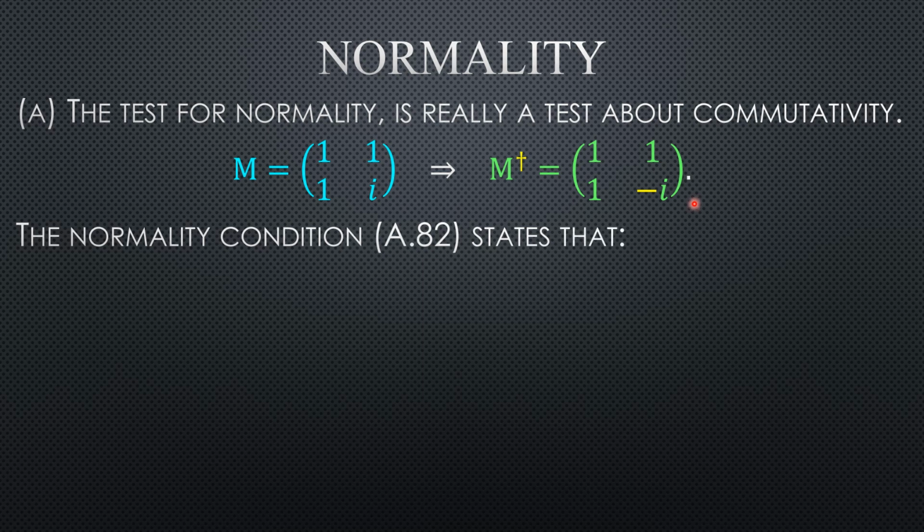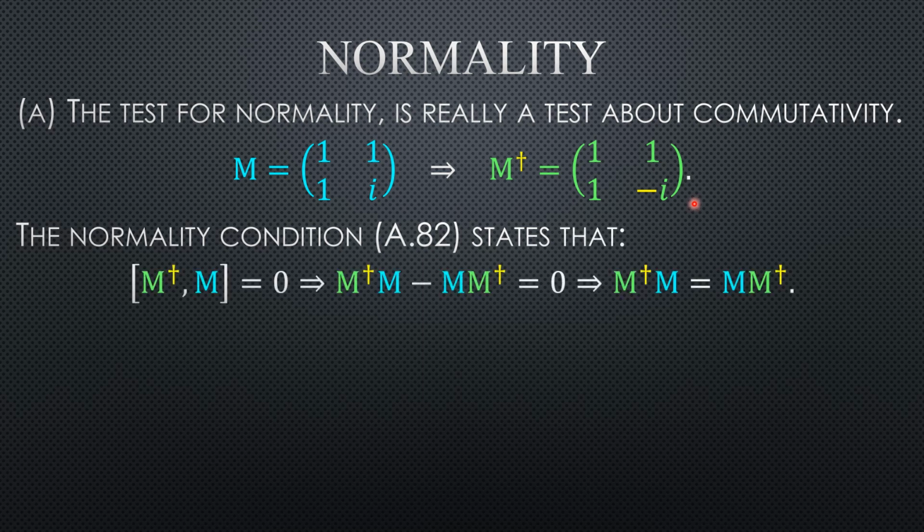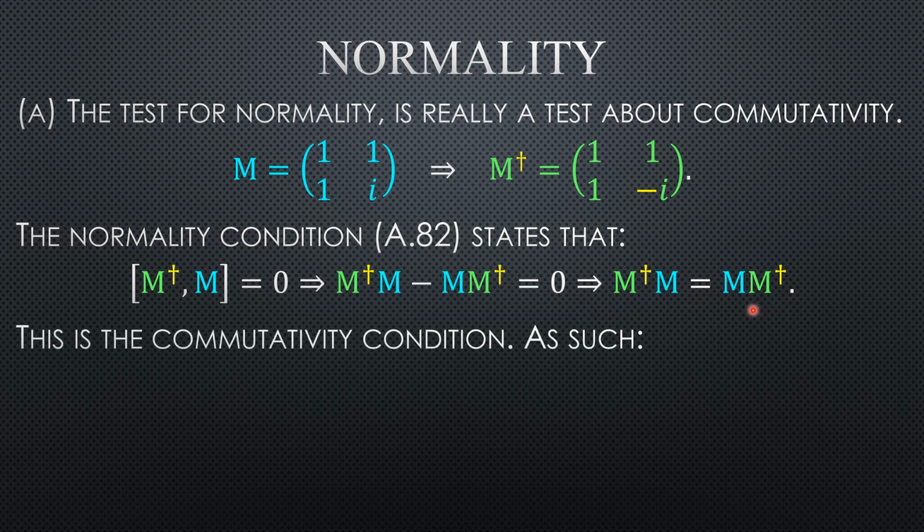As such, the normality condition A.82 states that we need the commutator of M dagger and M to equal 0. So if we expand this commutator, that is M dagger M minus M M dagger, and that still has to equal 0. So if we add this thing over to this side, we get the statement of commutativity. So this is really what this test is about with the dagger.